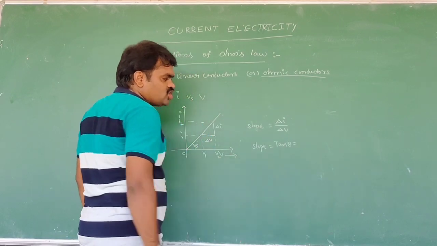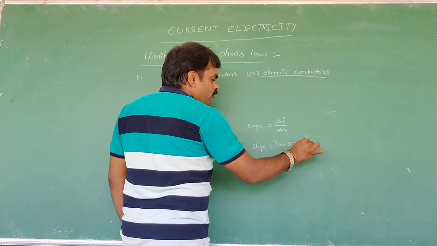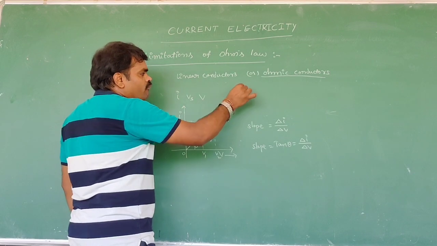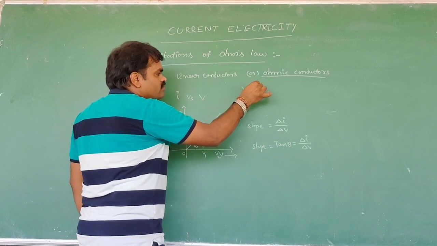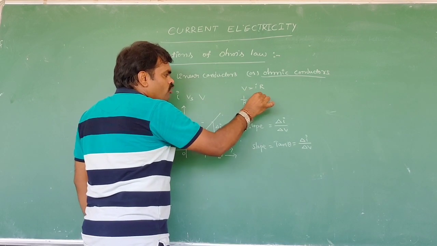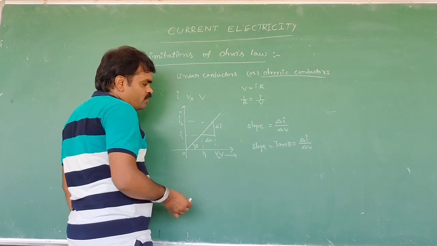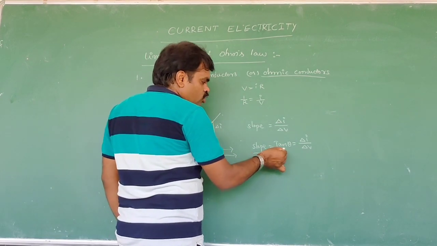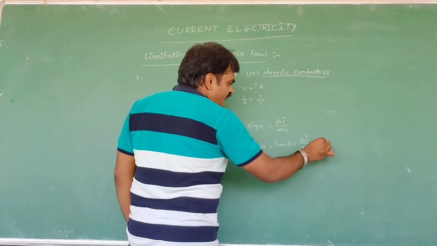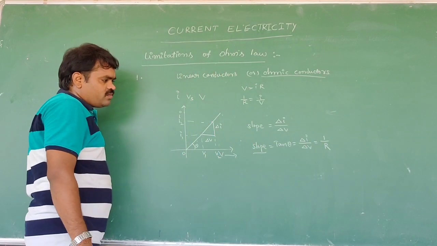The tan theta is equal to delta I by delta V. Here we know the formula, Ohm's law, V is equal to IR. 1 by R is equal to I by V. Now here the slope is equal to tan theta, that is equal to delta I by delta V, represented as 1 by R.